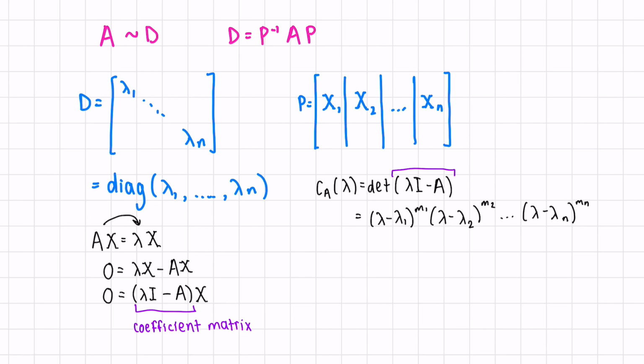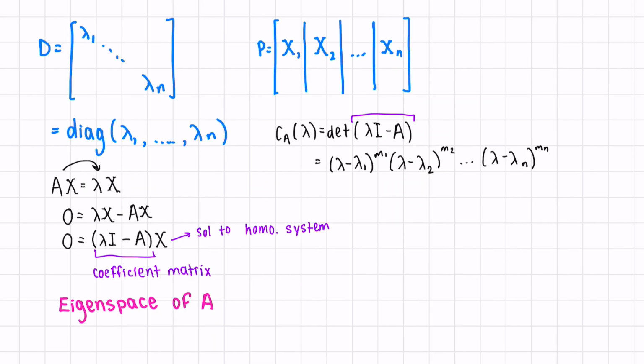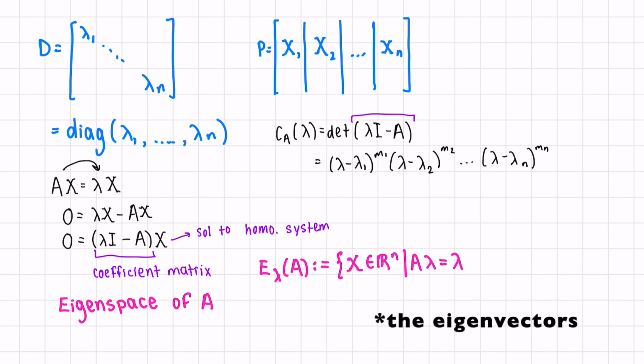When we solve this system, we'll find the solution to the homogeneous system. For each eigenvalue, we have a corresponding eigenspace, which is by definition a vector x in Rn such that our matrix A times x is the same as the eigenvalue times this or these x's.